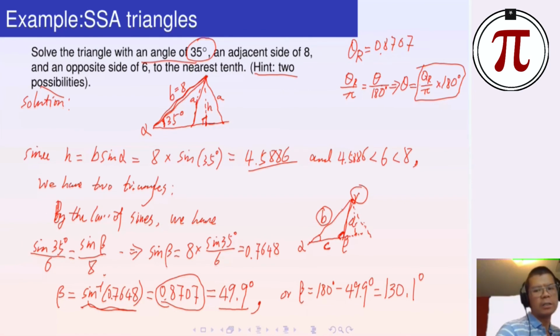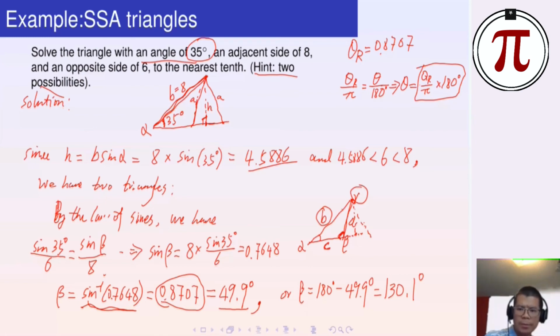So we can find the possible values of beta. Now sine beta is this one. We can find beta either equals this one or beta is pi minus this one, because they have the same sine values, right?